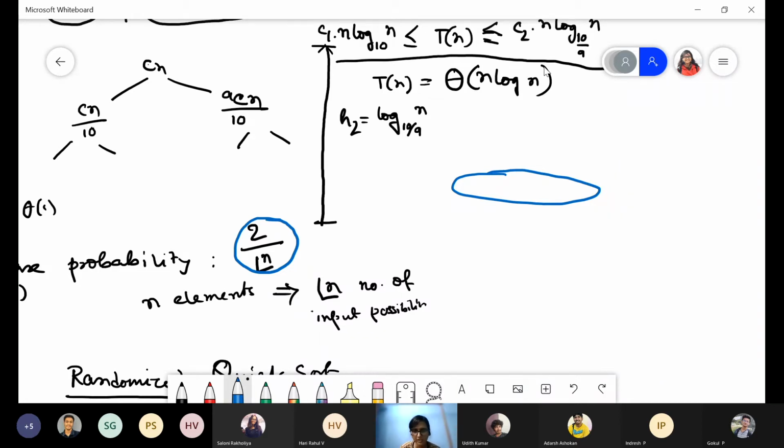Say 1 and 2 are the two elements, these are in order, and after that all the other elements are arbitrarily placed. This is what you are telling, right? No, ma'am. N minus 2 elements are in order and 2 elements are swapped, not in order. Okay, just the reverse one.